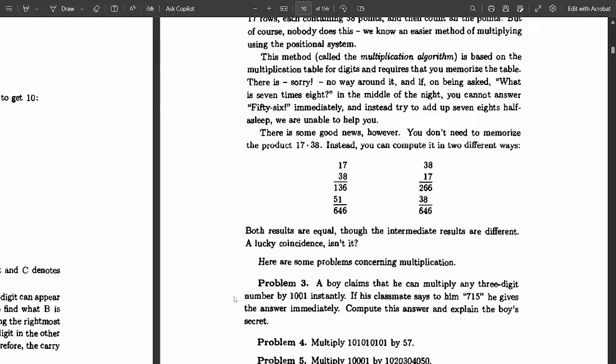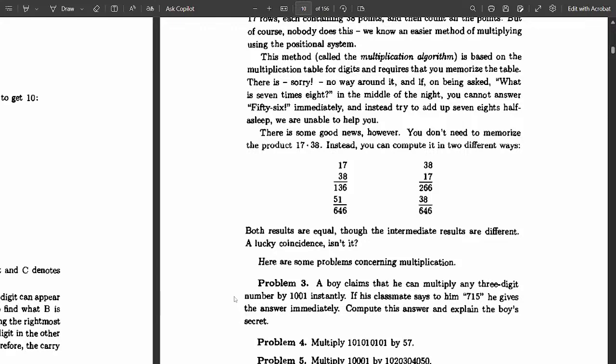Obviously. Why did it take me that much time? 101010101 is like adding 57 with 570. 570 plus 57.